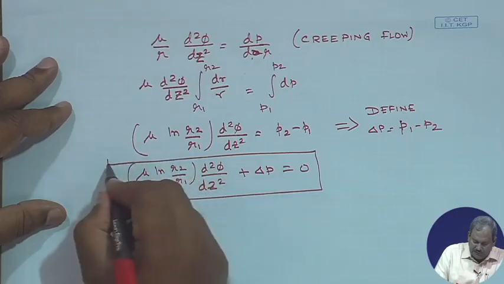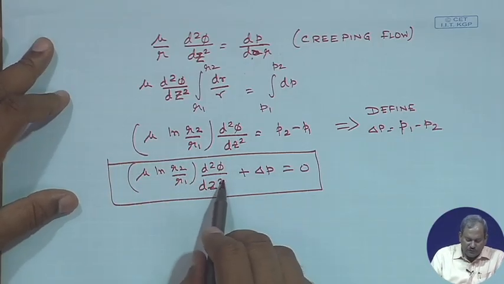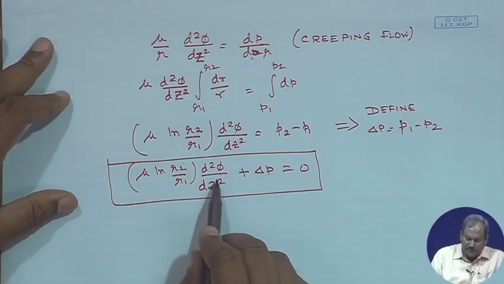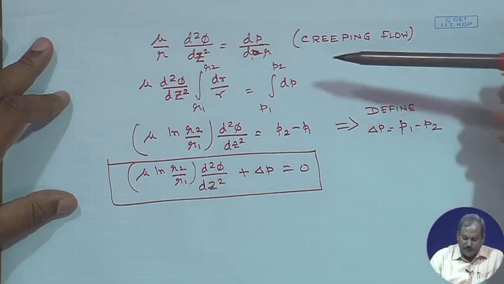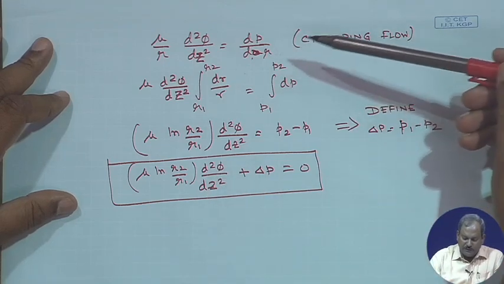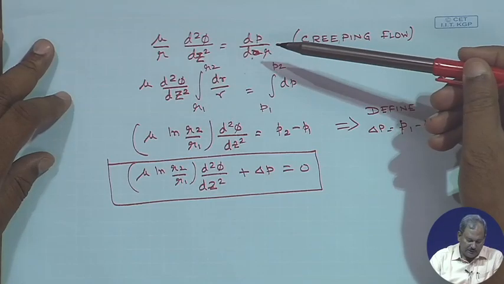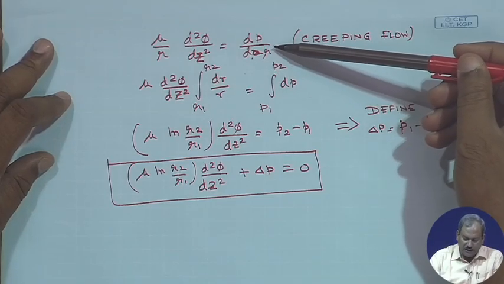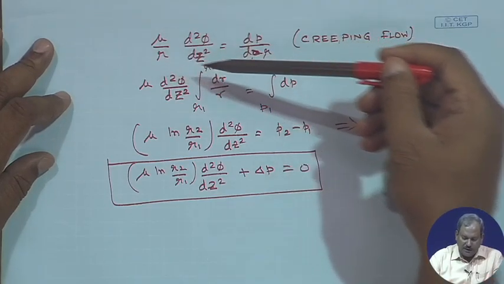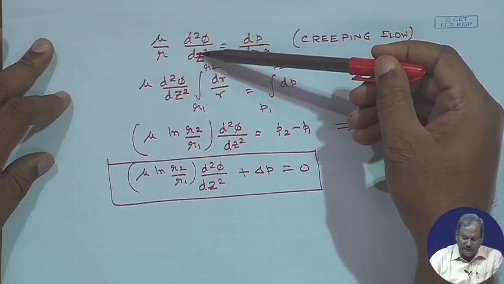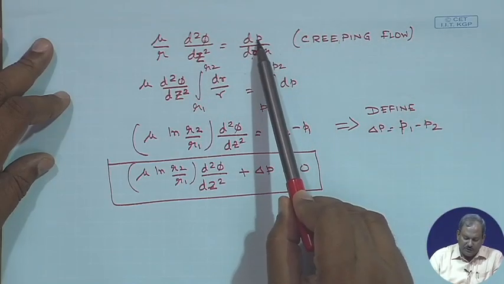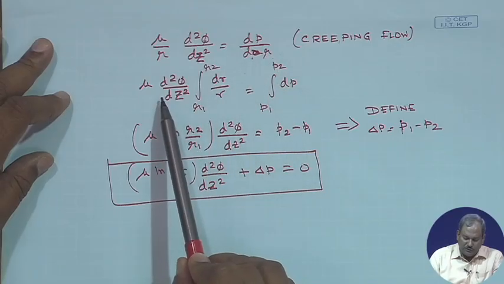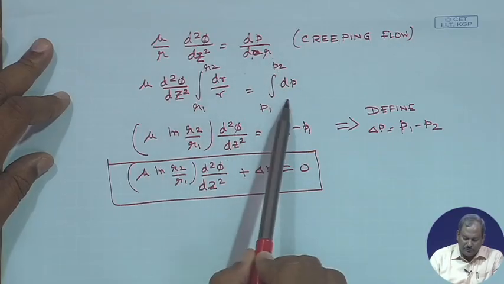So, this is now a straightforward second order equation in terms of phi. So, creeping flow lets me simplify the governing equation considerably to obtain a compact expression where phi is a function of z, phi is not a function of r, pressure is a function of r. So, I perform the integration.